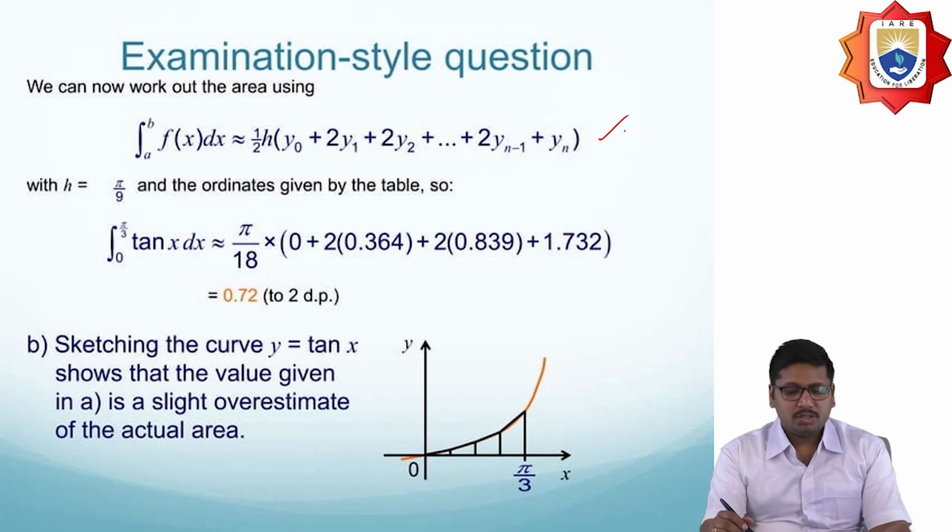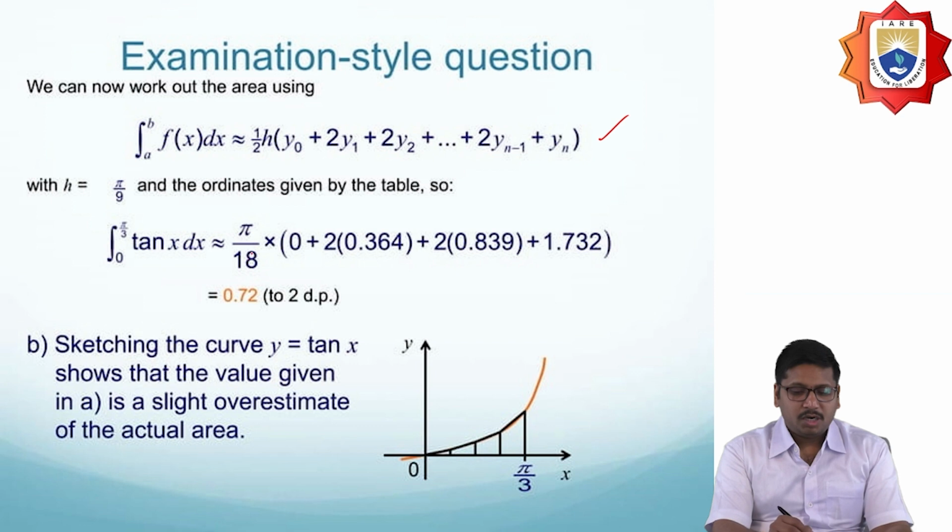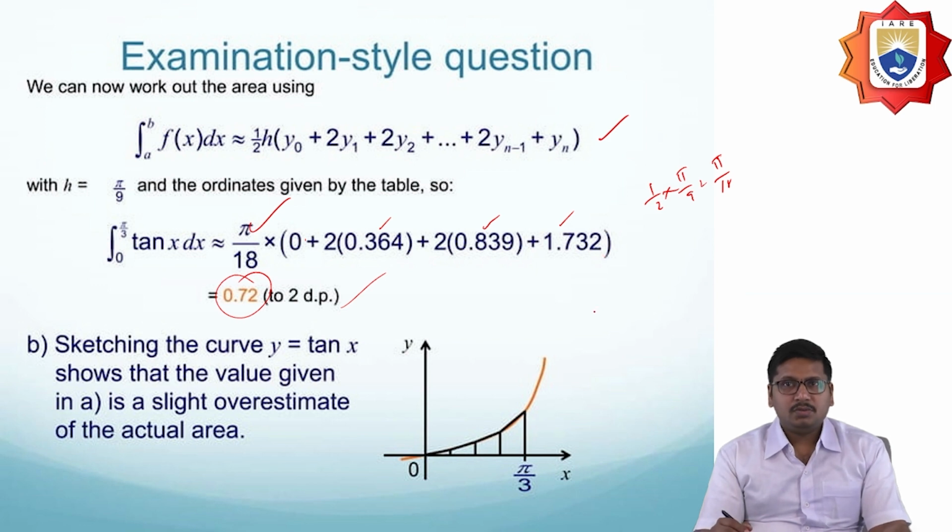Substituting these values for the tan function, I get half into pi by 9, which is pi by 18, times y0, which is 0, plus 2y1, plus 2y2, plus y3. Finally I get a value that should be less than 2. By checking the curve, the region under the curve should be denoted as an overestimate also.